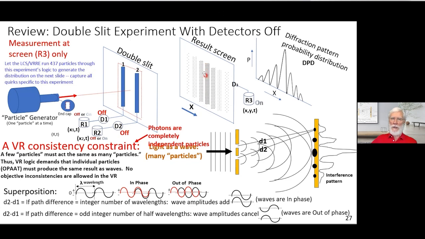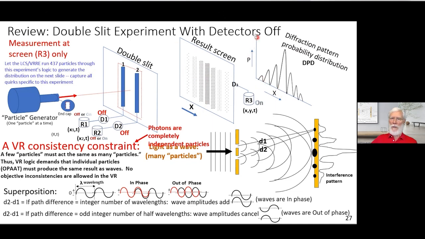The dot density is a little smaller here. That's the next peak, the dot density smaller yet, and the next peak, smaller yet. So we've got more dots in the middle and fewer dots in the lines as we go out. And the diffraction pattern, or interference pattern, probability distribution, looks like this.